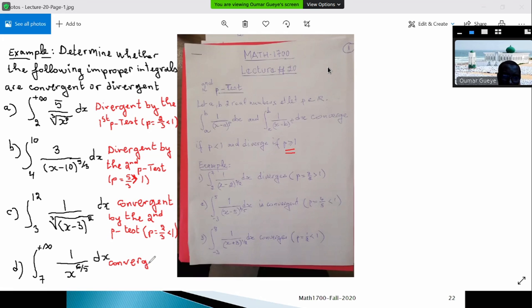So the last case here is convergent by the first p-test. So in this case, p equals 6/5, which is greater than 1.